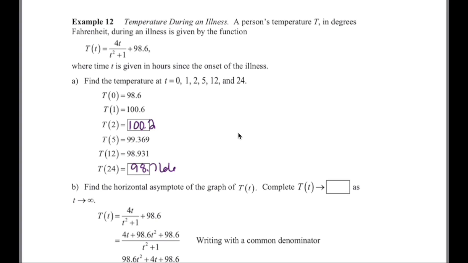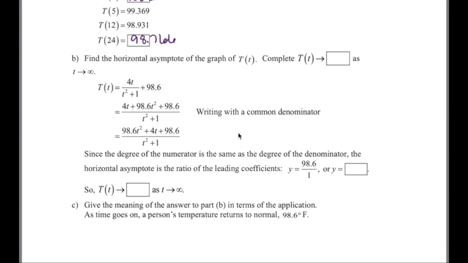In order to do that, I need to create one single rational expression. Right now, there are two individual ones that we're looking at. So I'm going to have to multiply the 98.6 by t squared plus 1 over t squared plus 1 for that common denominator.